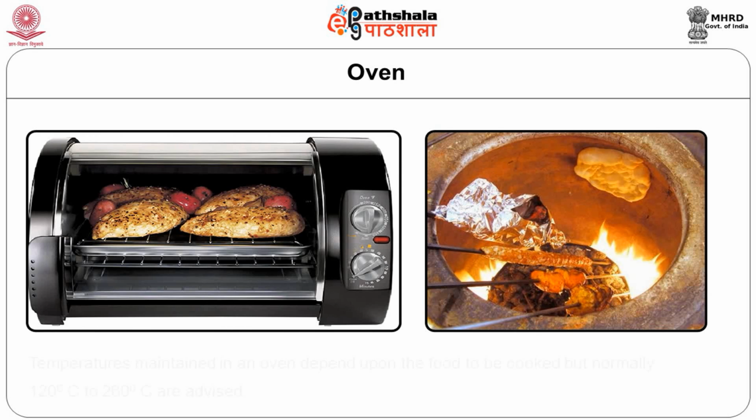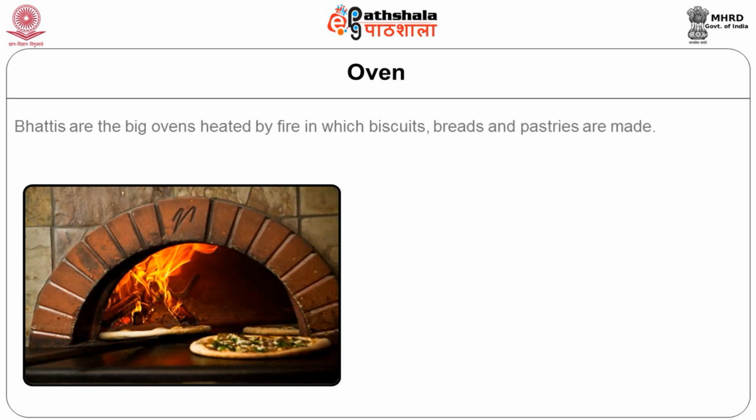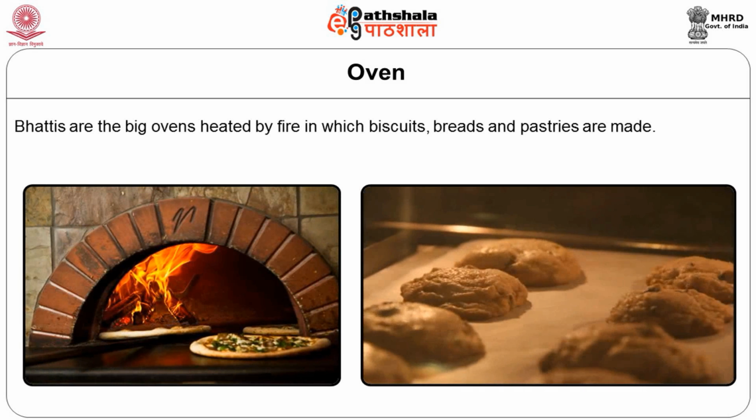Temperatures maintained in an oven depend upon the food to be cooked, but normally 120 degrees Celsius to 260 degrees Celsius are advised. Have you visited any of the bakeries in your neighborhood? There are different types of bakeries in different places.